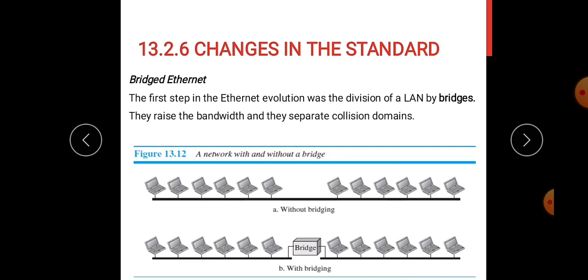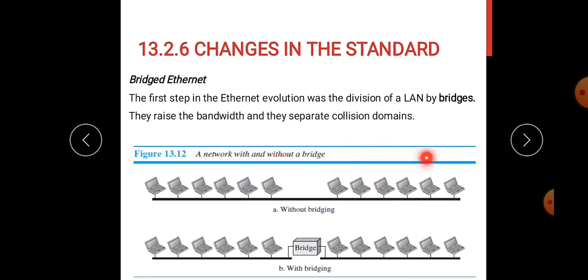Bridges have basically two effects on the Ethernet LAN: they raise the bandwidth and they separate collision domains. How do they raise the bandwidth? Consider an unbridged Ethernet network. The total capacity, for example 10 Mbps, is shared among all the stations with a frame to send.